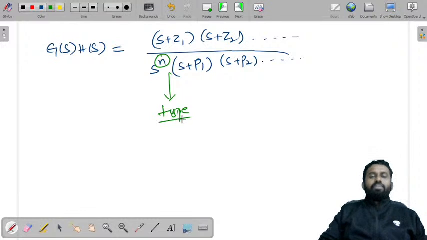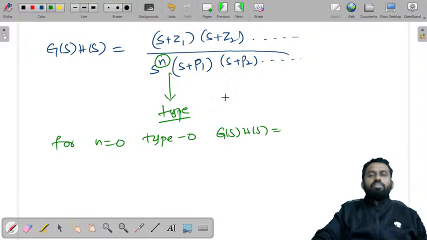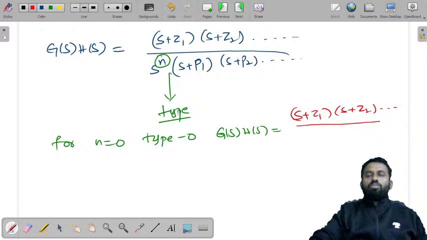For n is equal to 0, we call it type 0. So g of s into h of s is s plus z1 into s plus z2 and so on by s plus p1 into s plus p2 and so on, with s power 0.